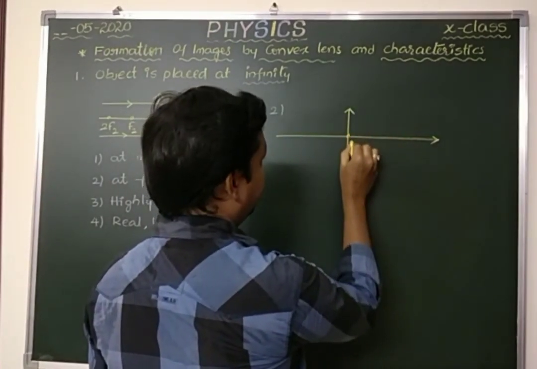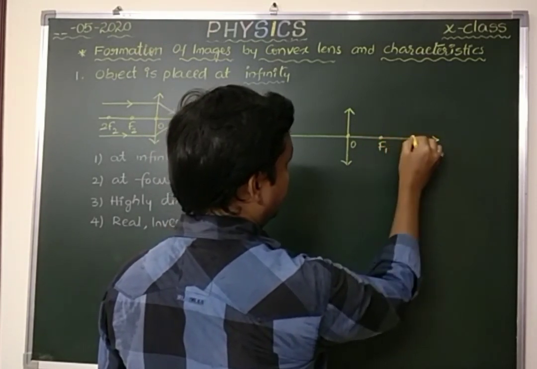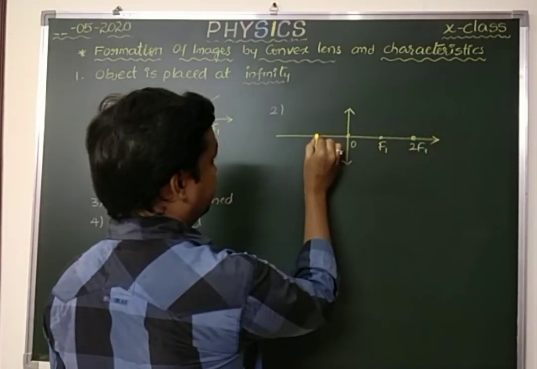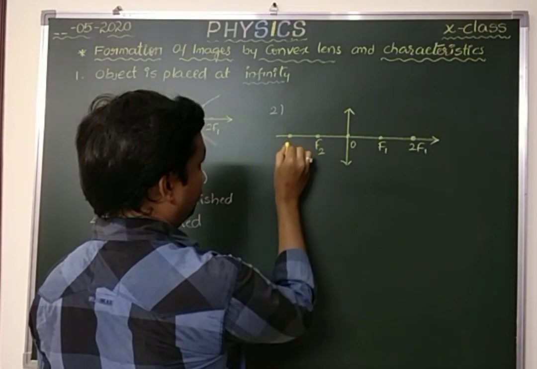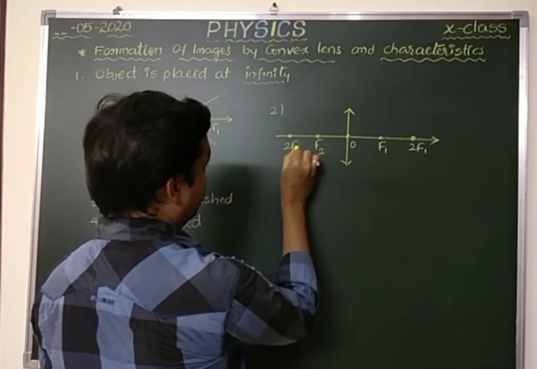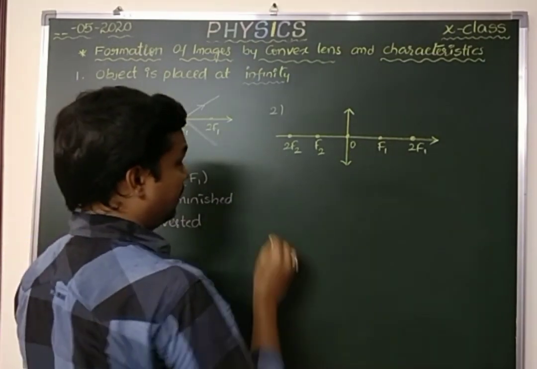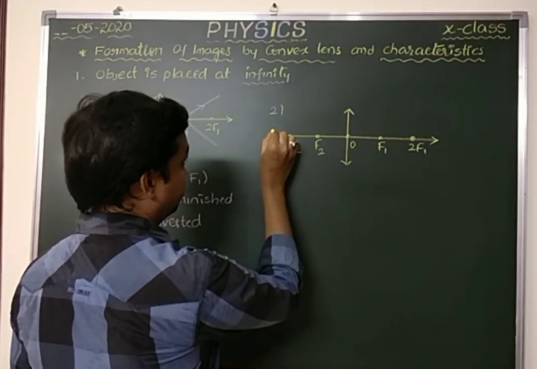This is the optic center, focus, center of curvature. On the left side we will also get the same, F2 to 2F2. Right now I am going to place an object before the center of curvature.